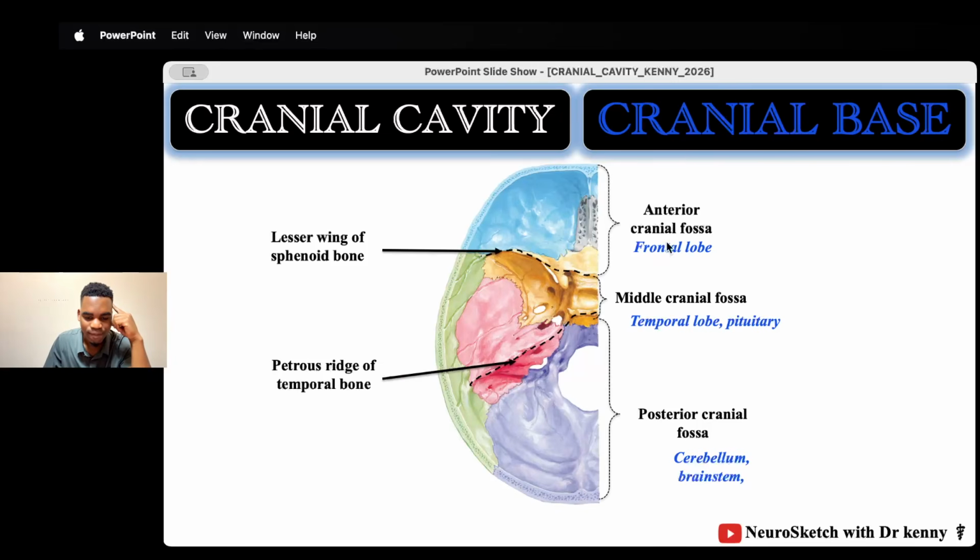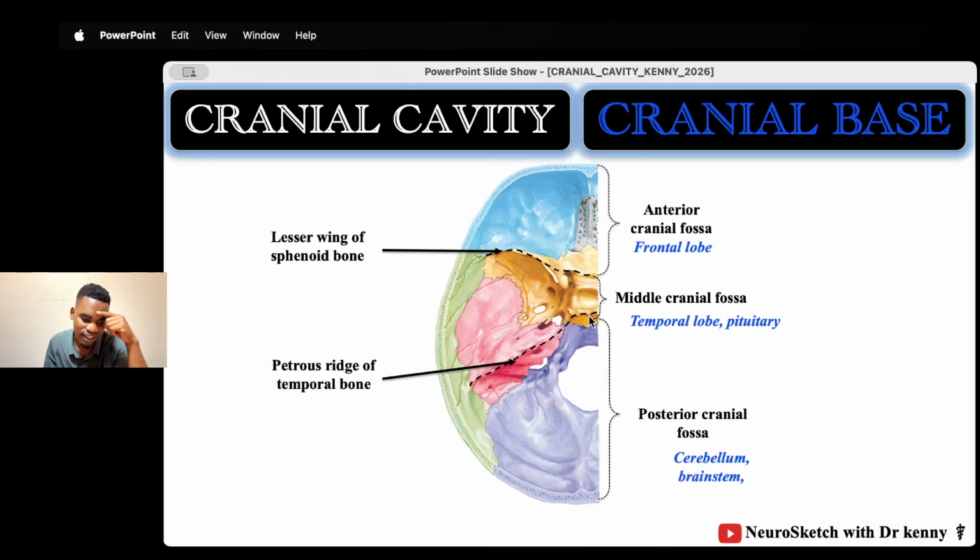Okay. In turn, the anterior cranial fossa houses the frontal lobe, the frontal lobe on the right side and the frontal lobe on the left side. The middle cranial fossa houses, all the way from the sella turcica, remember here where you have your sella turcica of the sphenoid bone. If you haven't watched the sphenoid bone, you have to go back and watch it.